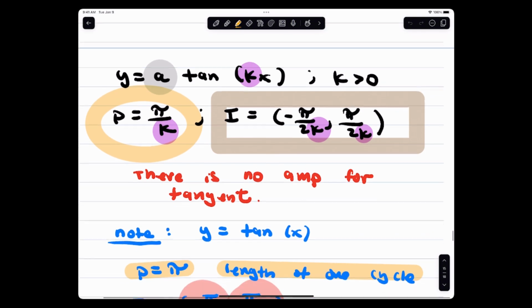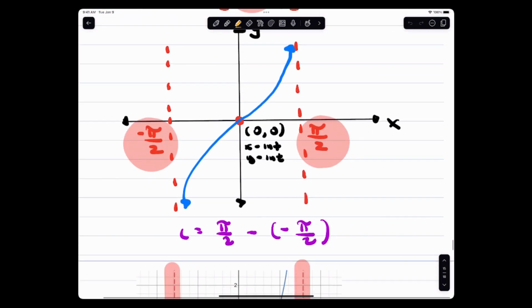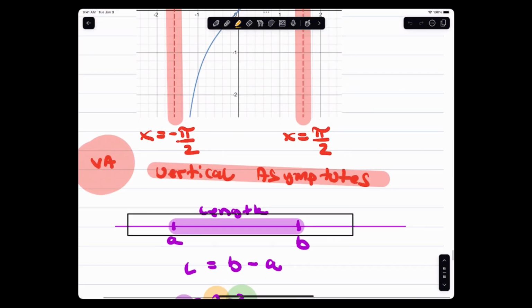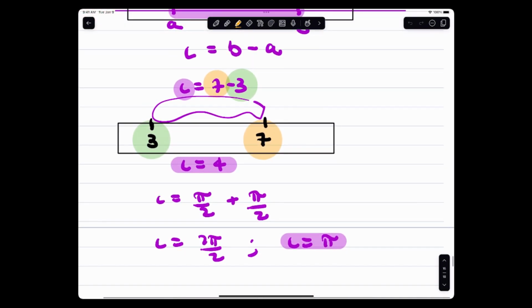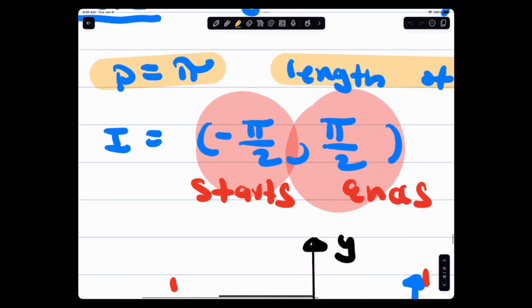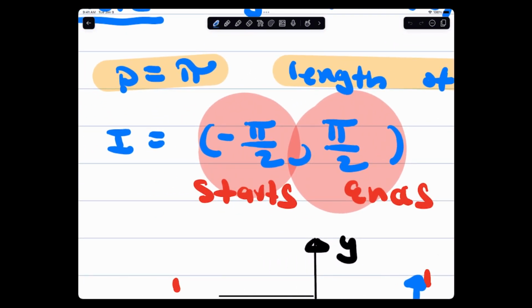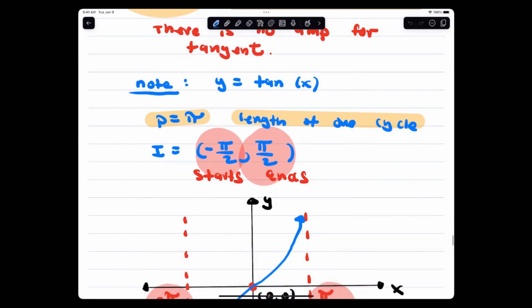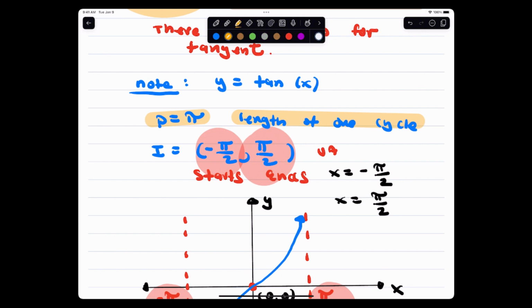These vertical asymptotes are already found right here, where it starts and where it ends. And how we describe vertical asymptotes, I'll say VA, is that x is negative pi over 2, and x is positive pi over 2.